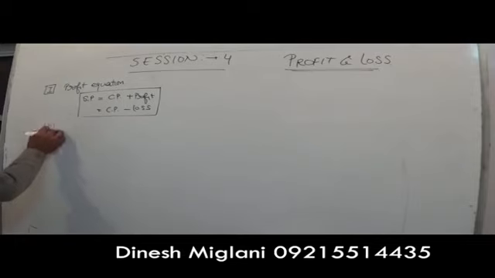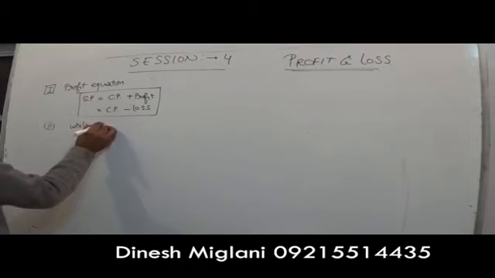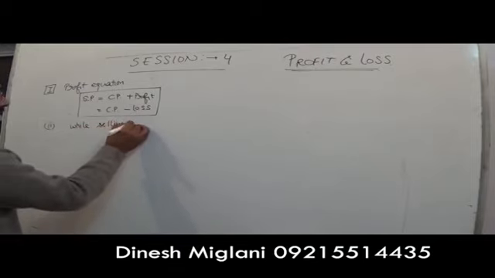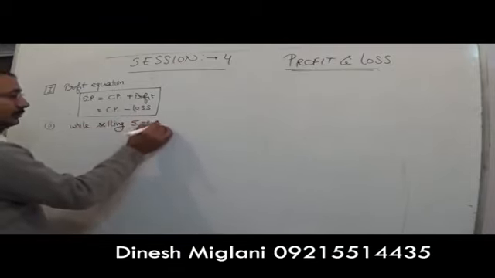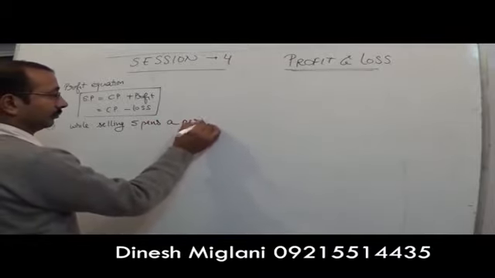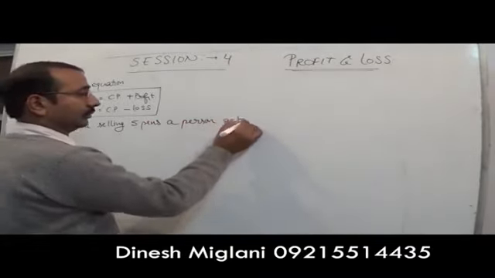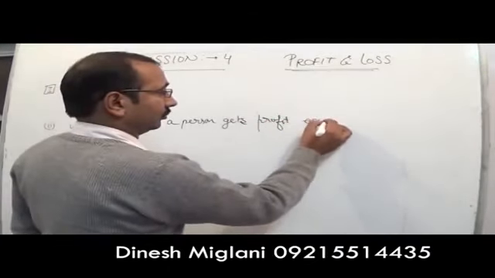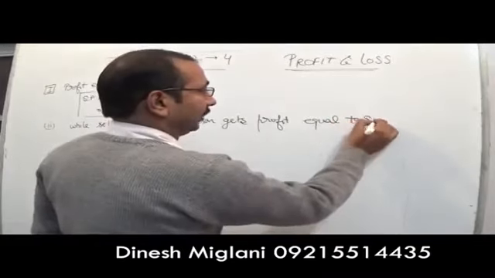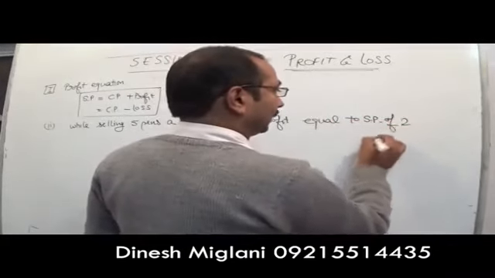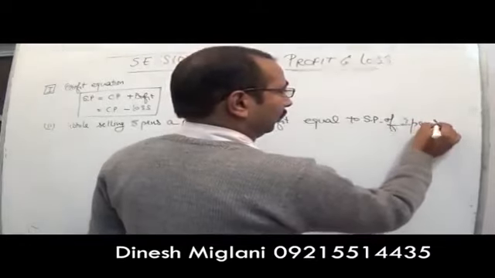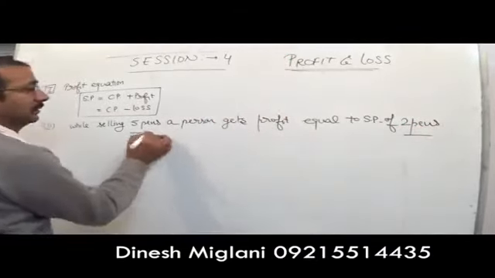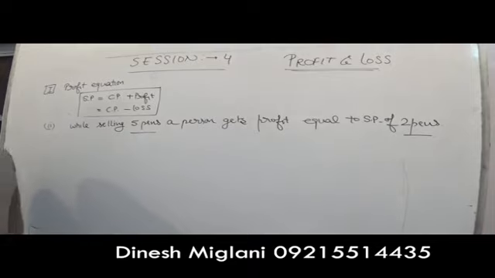What the second question is, it is given that while selling 5 pens, a person gets a profit equal to the SP of 2 pens.